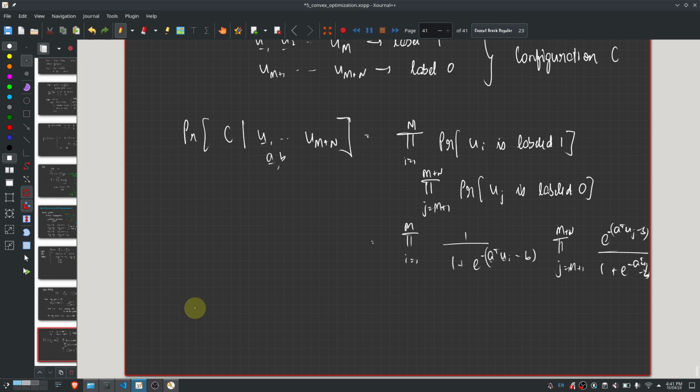So you choose a comma b, or a star b star, to be equal to the arg max of the probability c given u1 through um plus n, a and b.